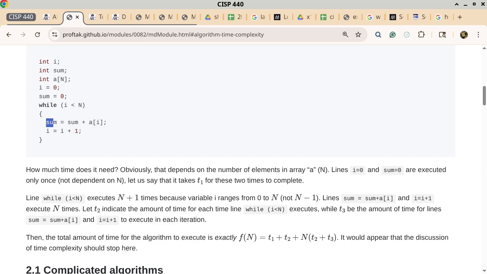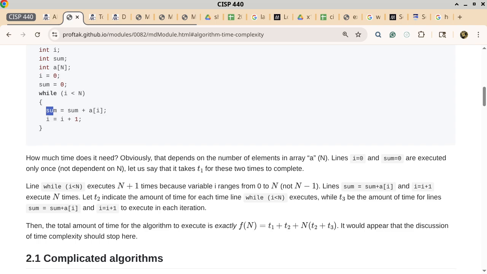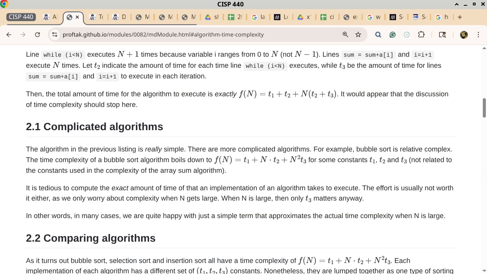Are we good so far? All right. So f of n is not an approximation. It is the exact amount of time that it takes in order to solve a problem of size n in this case. There are more complicated algorithms, and I'm not sure that I want to go through the exact detail.